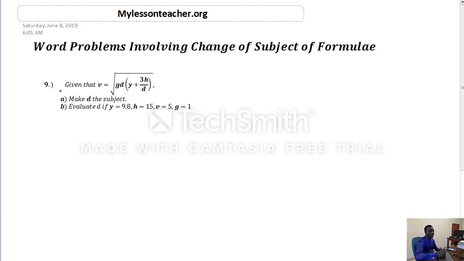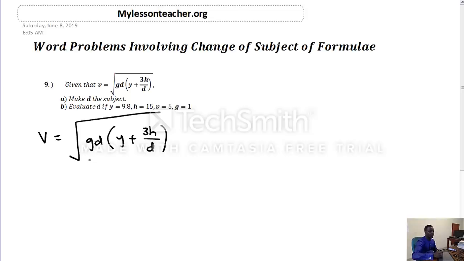Question 9 gave us the expression that V is equal to root of GD into bracket Y plus 3H/D, that we should make D the subject of the formula. So I'm going to make D the subject of the formula, which says V is equal to square root of GD into bracket Y plus 3H/D.